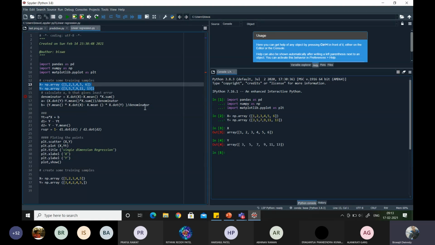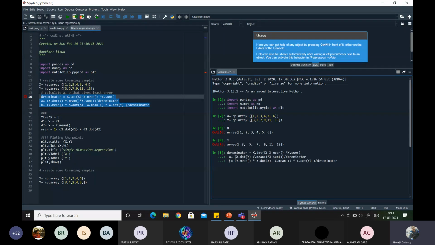Next, we'll try to find this a and b, your slope and your y-intercept. Whenever you are executing something in Python, please take care of the indentation. Everything should be perfectly indented.